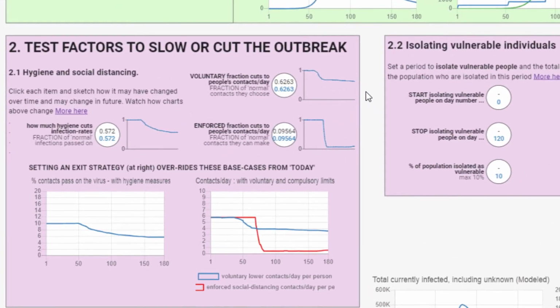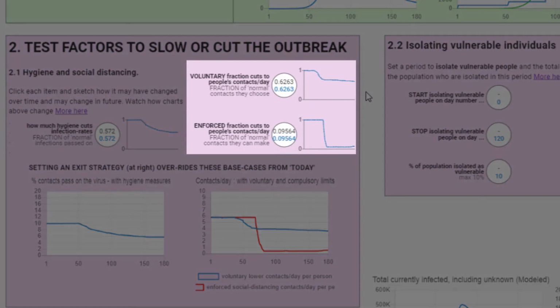The second and third items are to do with social distancing, and this is changes in people's behaviour to basically stay away from each other. The first of them is voluntary social distancing. That is people simply choosing to listen to the advice to stay at home, not go to work if they don't have to, stay at a distance from people.